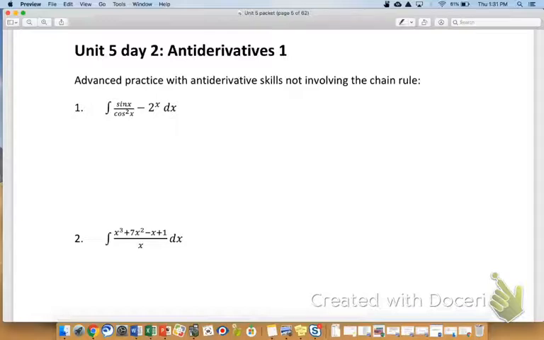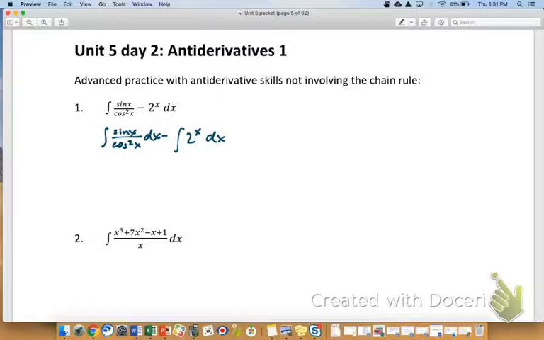Okay? So number one is a nice example of that. It's sine of x divided by cosine squared of x for that first integrand. So maybe I split it up first, and I say I've got this minus that, and realize that these two different terms in this integrand are very different, and so we will use a different strategy for those two different terms.